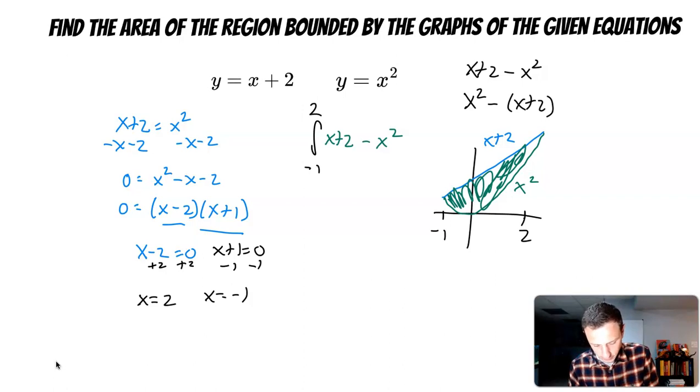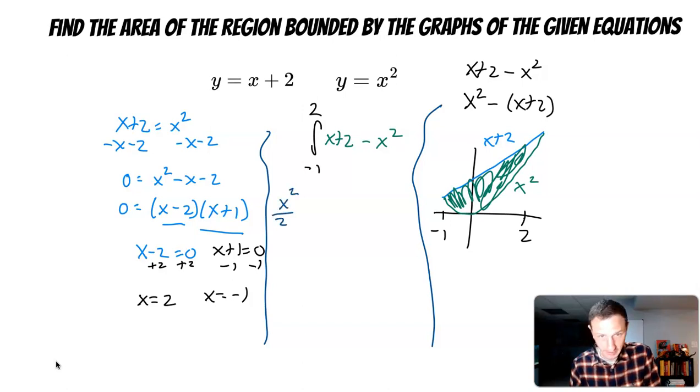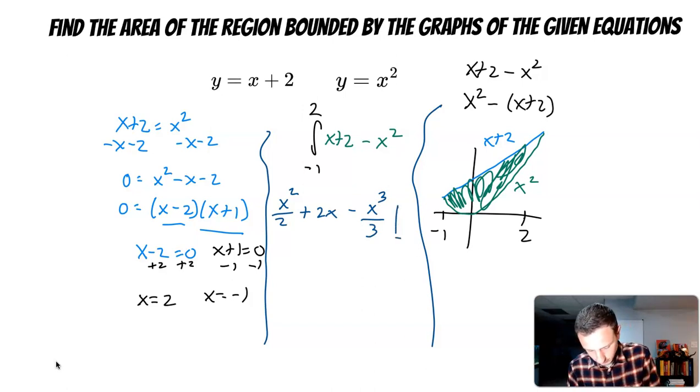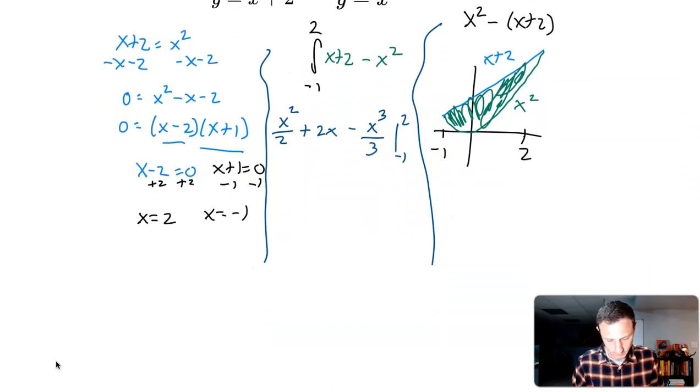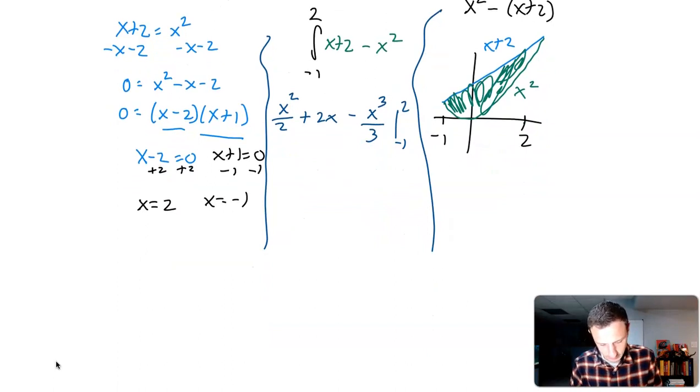So we are going to do, let me try to keep this clean, x squared over 2, integrating x, that becomes x squared over 2, plus 2x minus x to the third over 3. And this is from -1 to 2. I'm going to go down here.